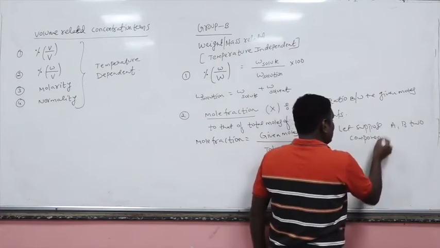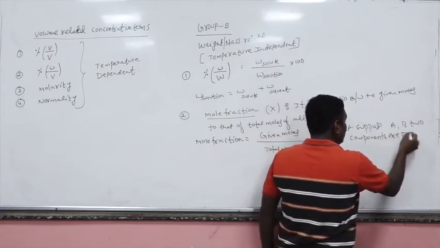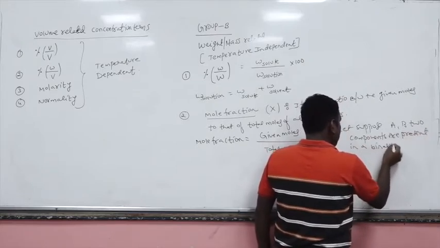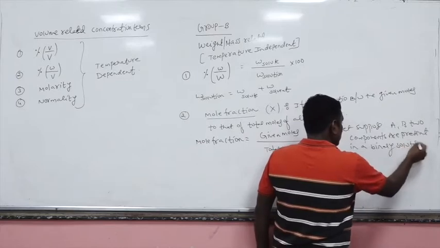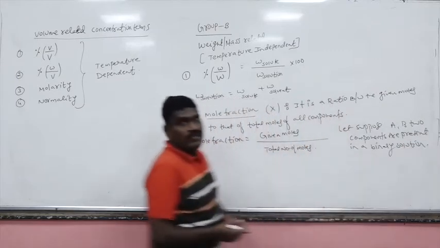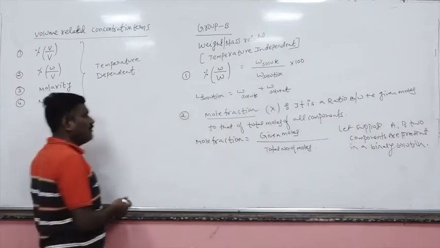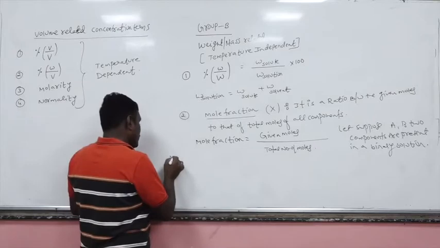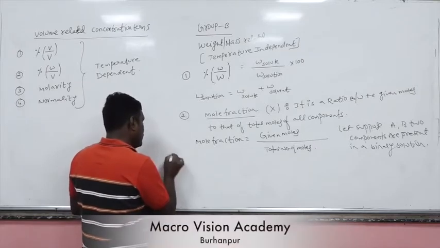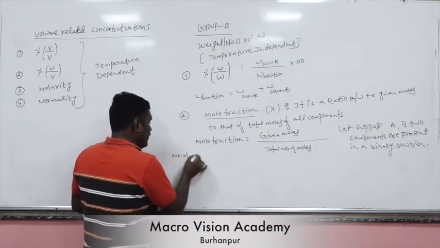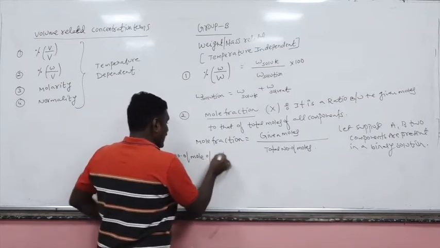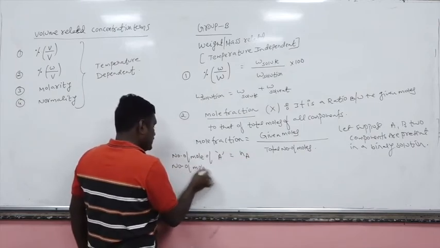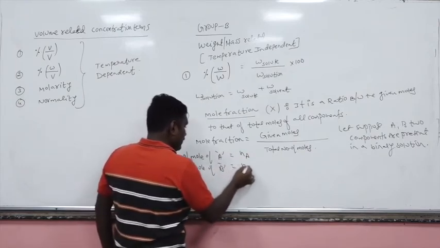How many components? 2 components are present in a binary solution. We know how to calculate the number of moles. Number of moles is equal to given mass upon molar mass. Let's suppose the number of moles of A is equal to Na. Number of moles of B is equal to Nb.